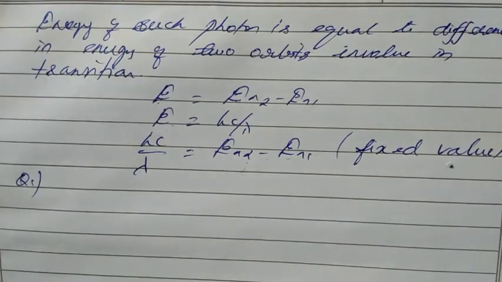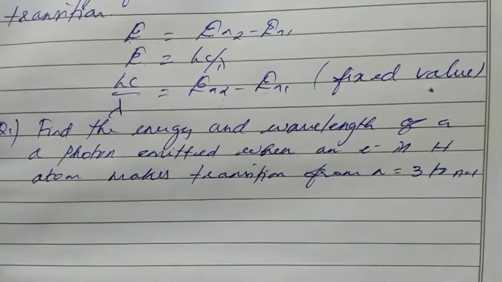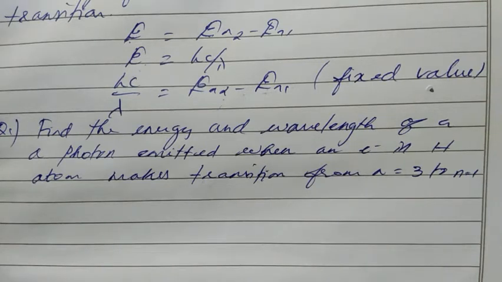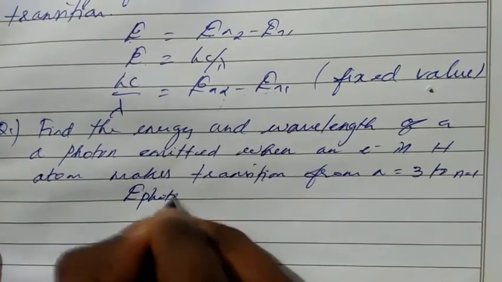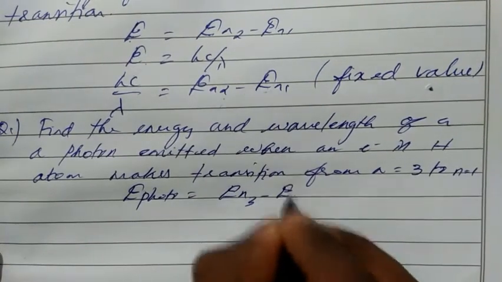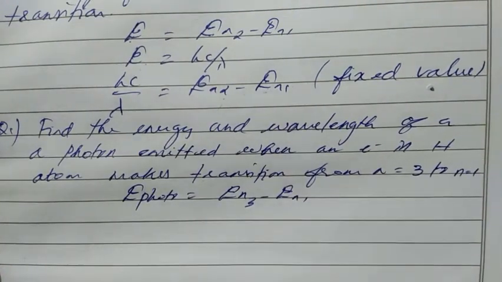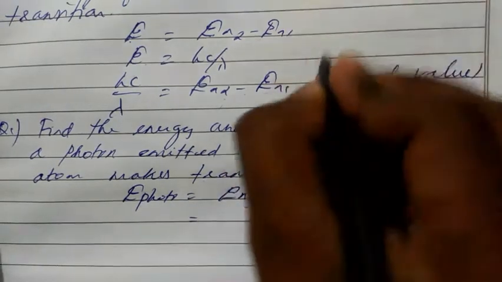Find the energy and wavelength of a photon emitted when an electron in a hydrogen atom makes a transition from third orbital to first orbital. Okay, so let's take energy of photon is equal to En3 minus En1. So what is En3, energy of third orbital? How to find? We know the energy formula.